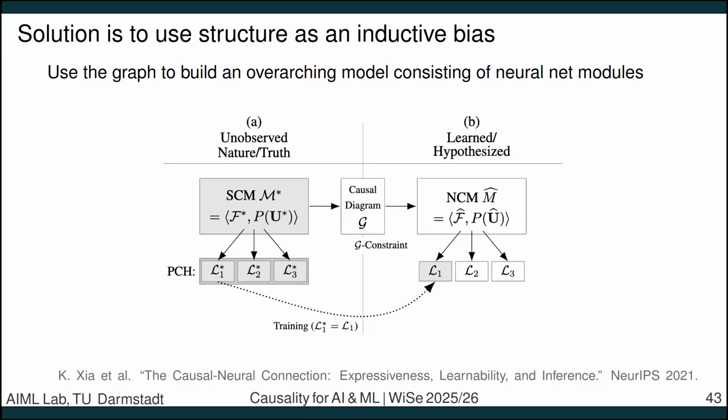And our question now is, if we train on L1 data that we observe, will those neural networks that we have placed at the edges, or rather at the nodes, approximate the correct structural equation? Will we get back the correct structural causal model from it?